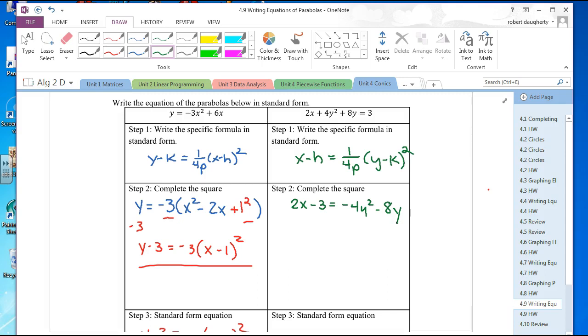Look at the left. Does it look like x minus h? What's keeping it from looking like x minus h? 2. So what am I going to do with that 2? Well, I'm going to factor out a 2. This is 2 times x minus what? Yeah, 3 over 2.